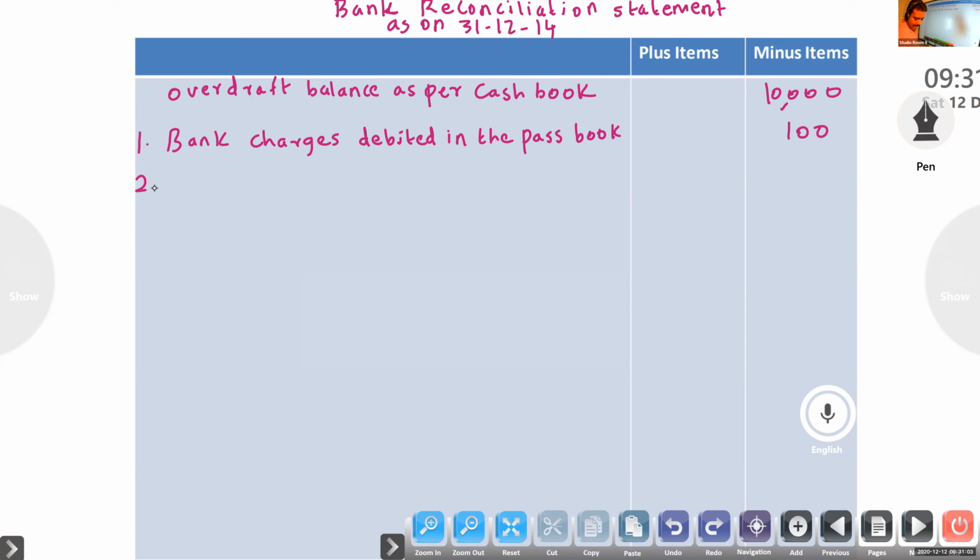Second one, interest on overdraft debited in the passbook. Tomlin, plus or minus?